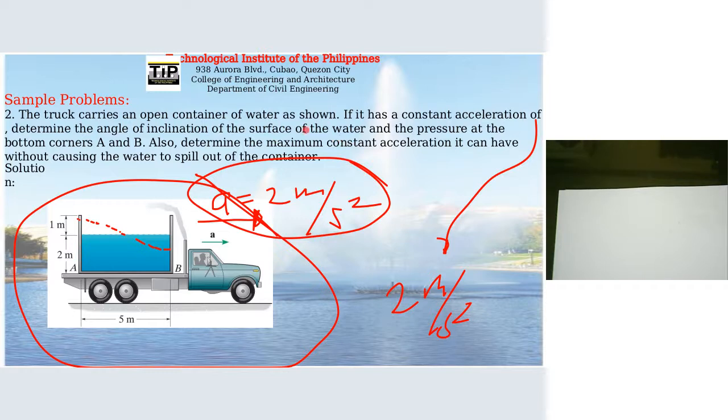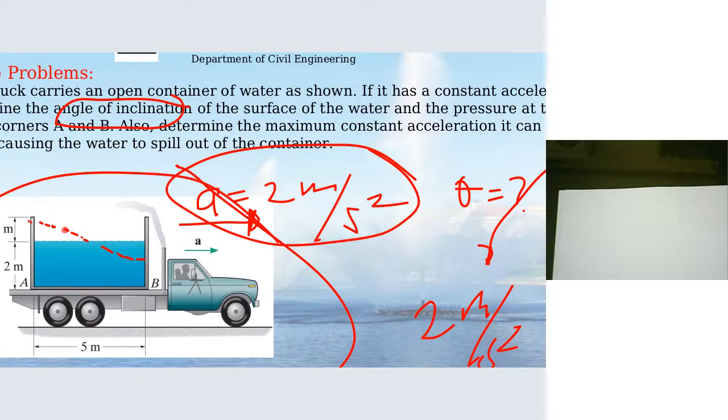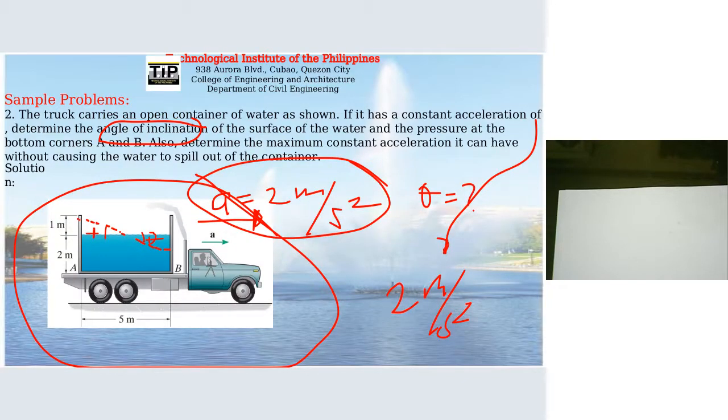Now, ang kailangan nating malaman is yung angle of inclination. So, dito sa figure, ito siya. Okay, yan yung unang required.